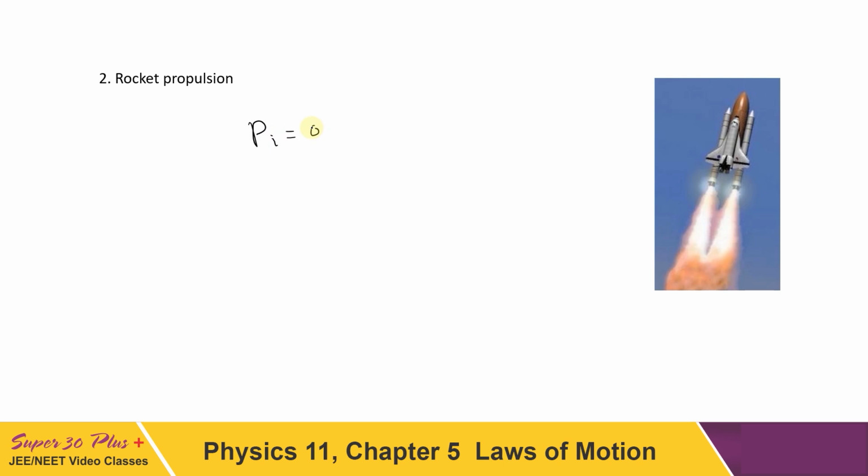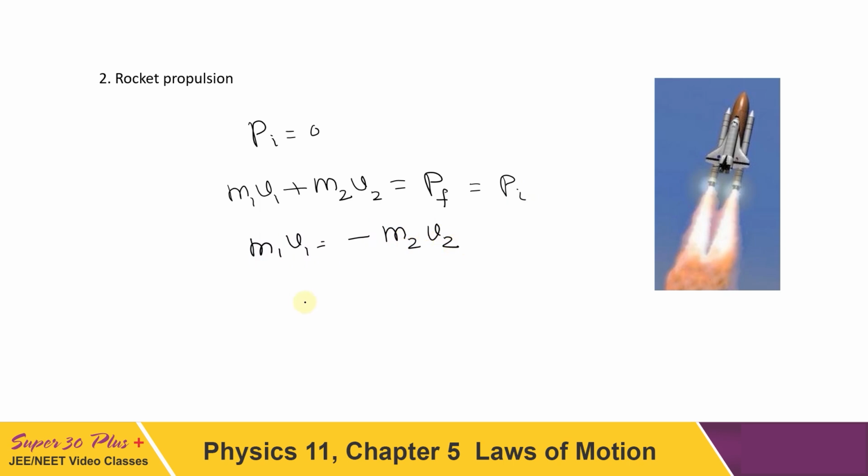And when it is fired, it is launched, and the mass of fuel which is ejected from the rear is m2, then we can write m1 v1 plus m2 v2, which is the final momentum for the system, and it should be equal to the initial momentum because there is no external force acting on the system. And then we can write m1 v1 is equal to minus m2 v2.